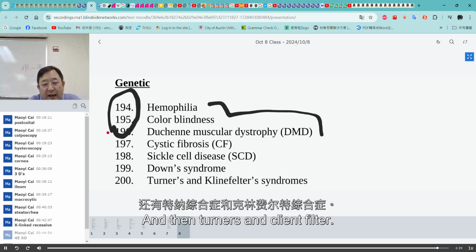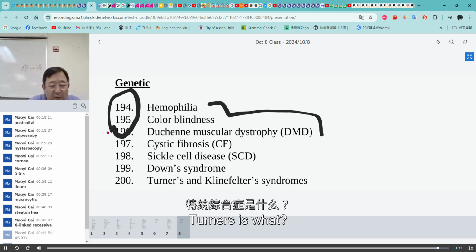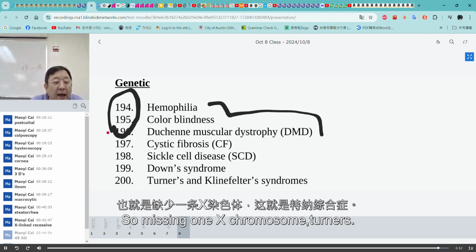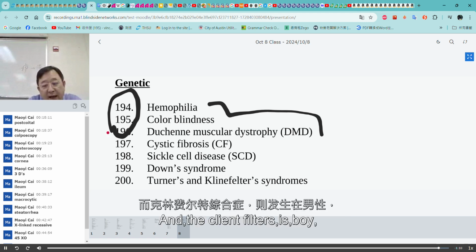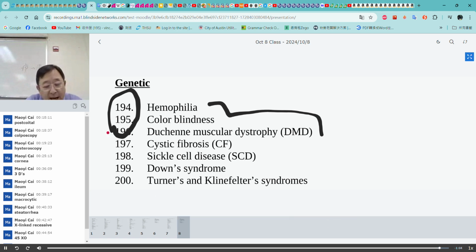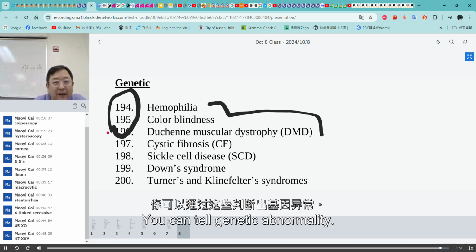And then Turner's and Klinefelter. Turner's is what? 45 chromosomes, XO. So missing one X chromosome, in girls. And Klinefelter's is a boy, 47 chromosomes, XXY, with an extra X chromosome. You can tell, genetic abnormality.